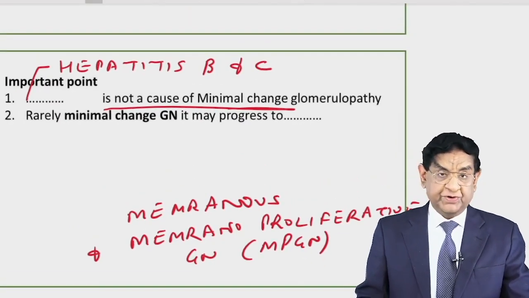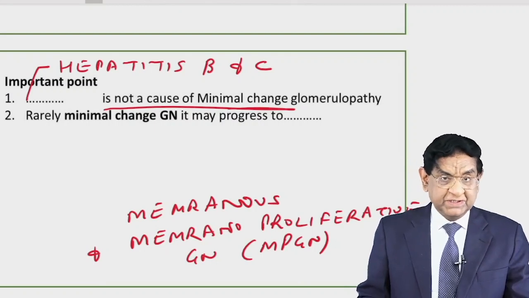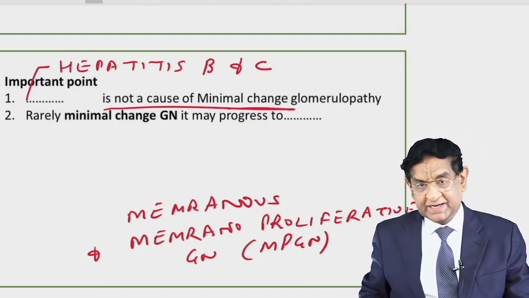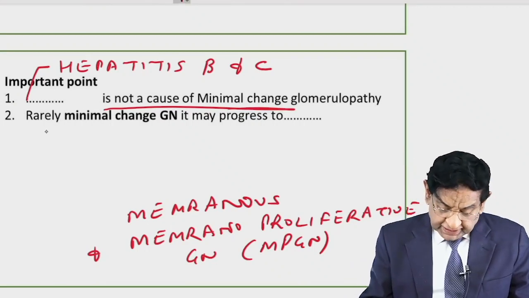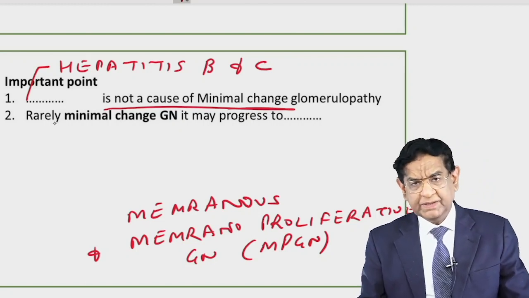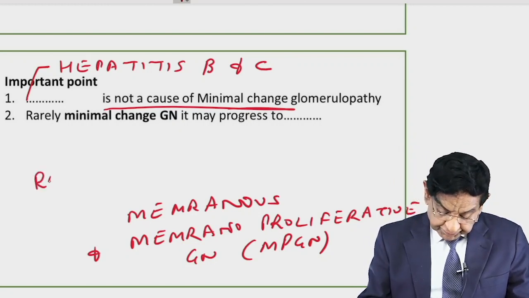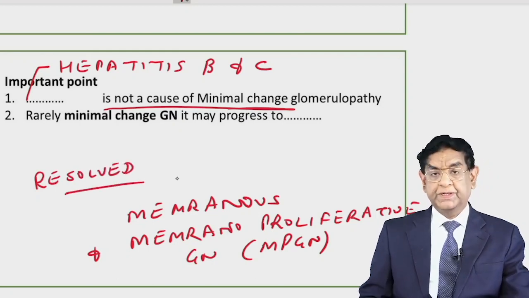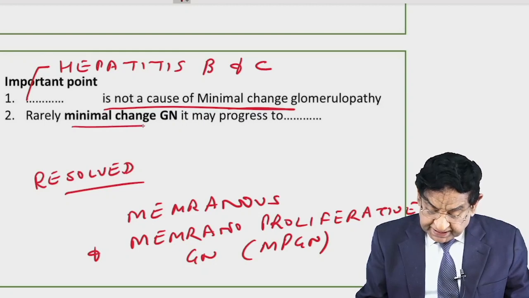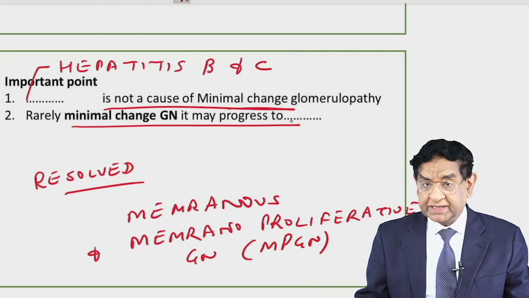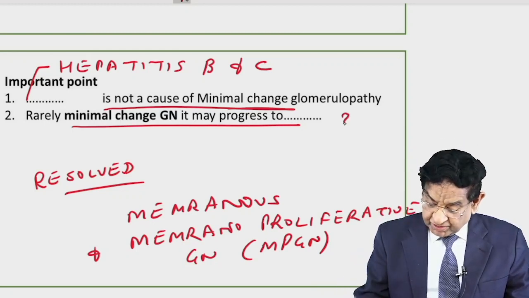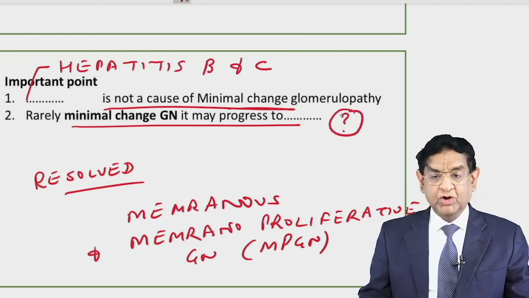Now I have a question for you. Stop the video, write down the answer. This is a top rank getting question. The question is, usually, most of the time, minimal change gets resolved on its own. But rarely minimal change can progress to some other glomerular disease. Stop the video, write down the answer. What is the name of that glomerular disease?